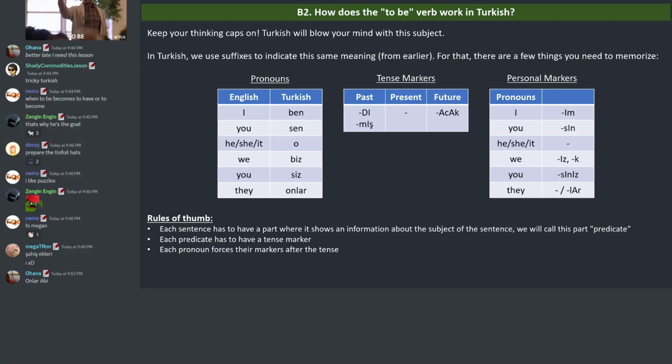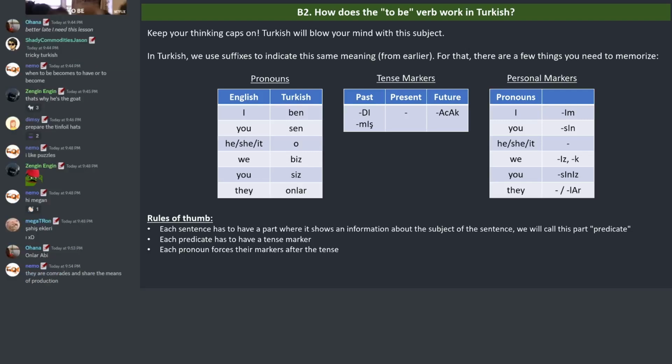So there are these rules of thumb. These are important. I don't want to overlook them. I don't want to skip them. There's this new term called predicate. The predicate is, maybe we can call it the verb, but I feel like the language nerds will yell at me if I call it a verb, because it's something a little bit different than a verb.